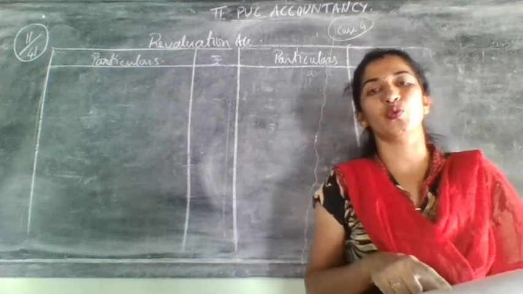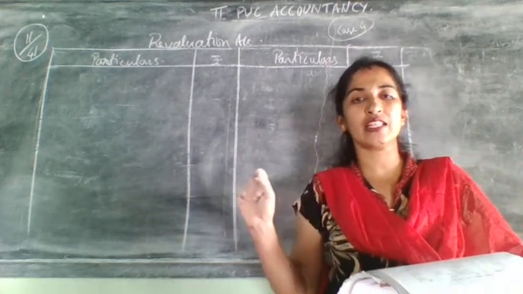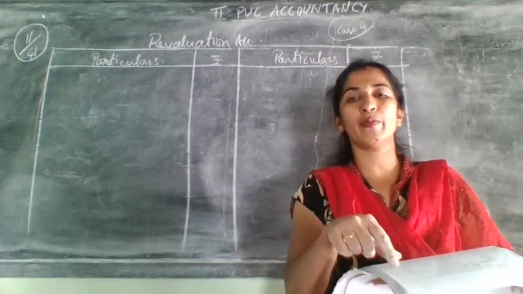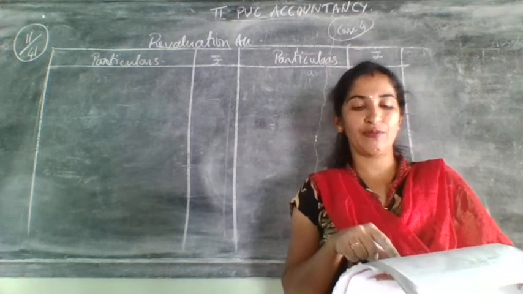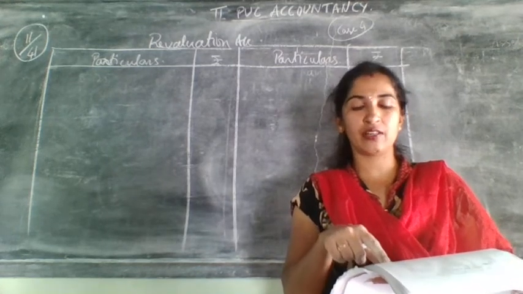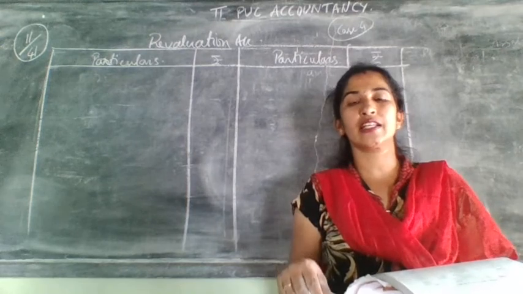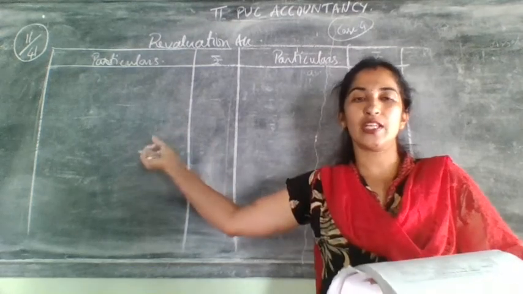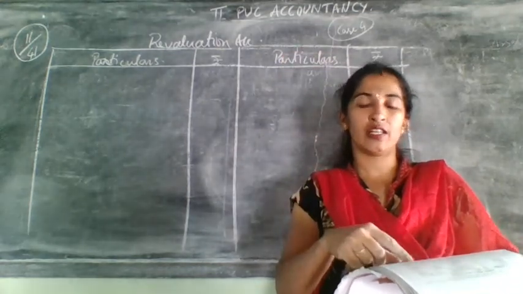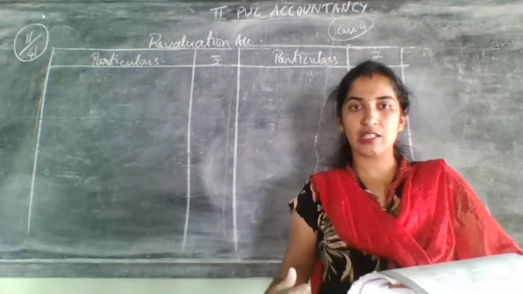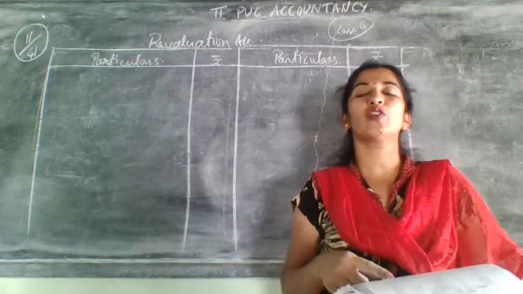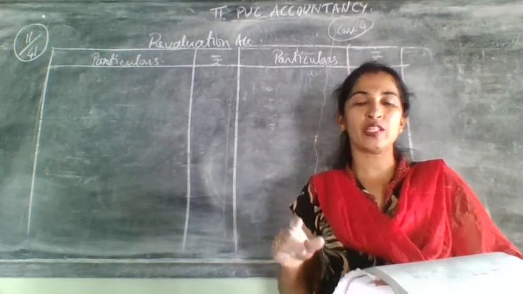When they give you "to", reduced up to or increased up to, that means you need to take the difference amount. You need to compare the amount with the old balance sheet and this amount. If the old balance sheet amount is more and the adjustment amount is less, the difference amount is considered as depreciation. If the old balance sheet amount is less and the adjustment amount is more, then you need to consider the difference amount as appreciation.